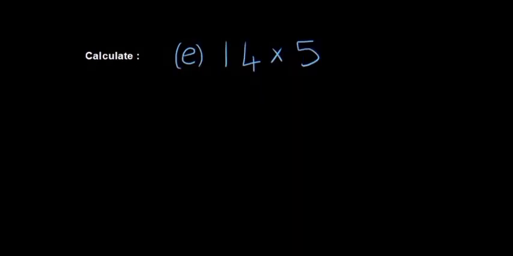In this question, we're going to use the distributive property of multiplication to multiply this 2-digit number with a single digit number. So you know the plan. First, we're going to cut this 2-digit number.